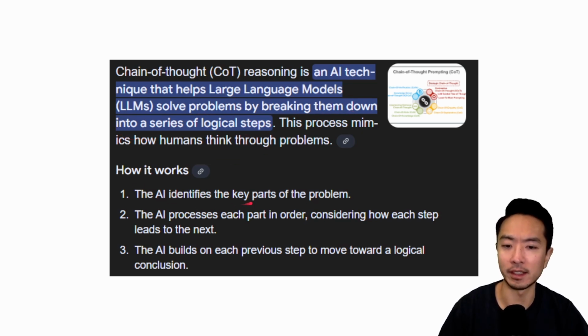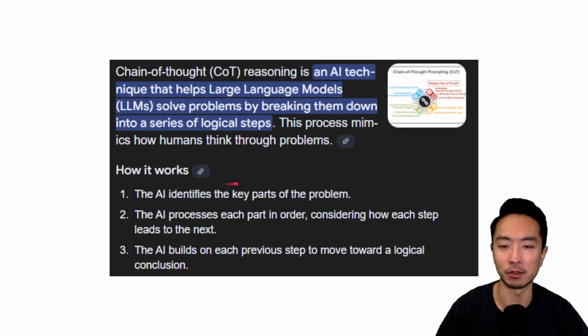How it works is: one, the AI identifies the key parts of the problem. Two, the AI processes each part in order, considering how each step leads to the next. And three, the AI builds on each previous step to move toward a logical conclusion. So this step-by-step approach is what helps these models take a complicated problem or generic sounding problem and turn it into a stepwise approach, so that it can lay out its thinking process to both itself and to the viewers, and then use that as feedback to see if it's going in the right direction.